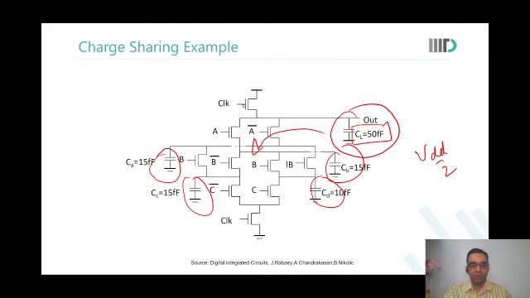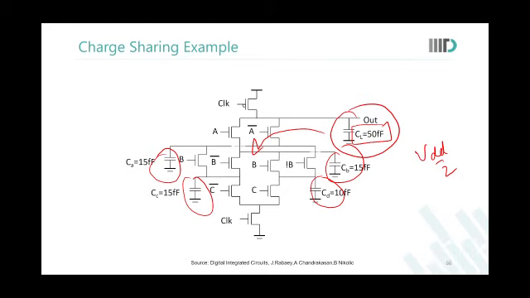Are you able to see this? Yes, sir. So what can you do over here? Recharge the internal nodes.